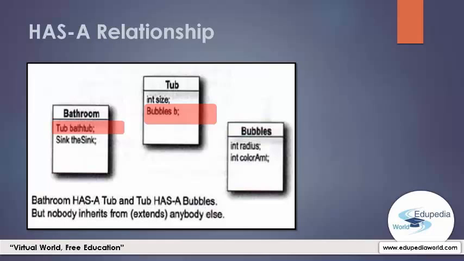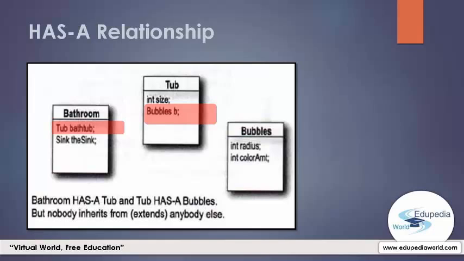Tub and bathroom are joined by a has-a relationship. It makes more sense to say bathroom has a tub rather than bathroom is a tub. That means bathroom has a tub instance variable. In other words, bathroom has a reference to a tub, but bathroom does not extend tub and vice versa.